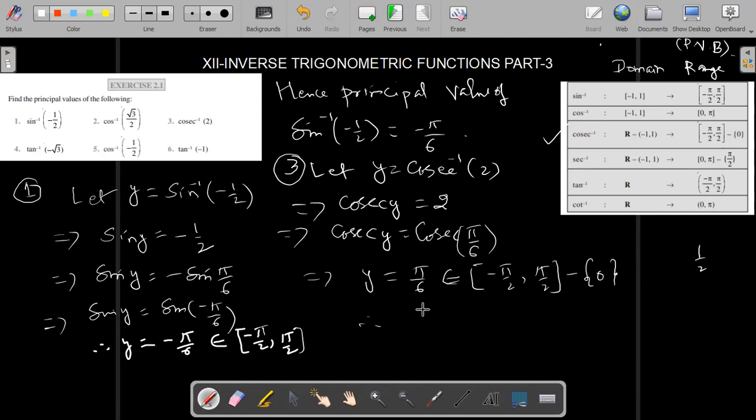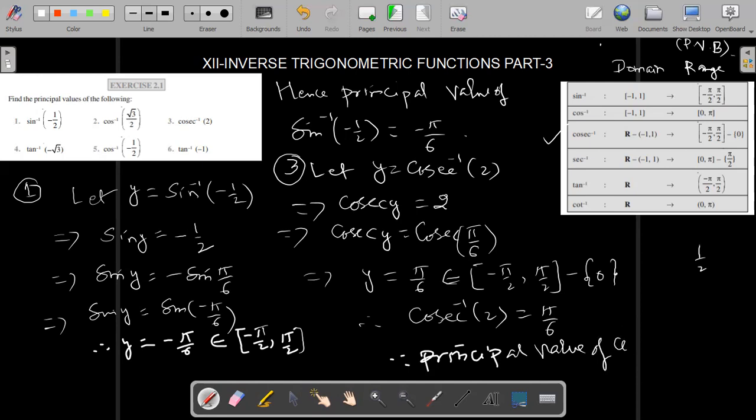Therefore, cosec inverse 2 is equal to pi by 6. Or you can say that the principal value of cosec inverse 2 is pi by 6.